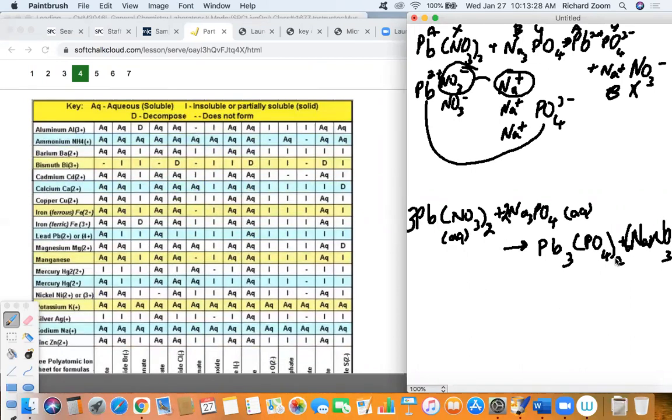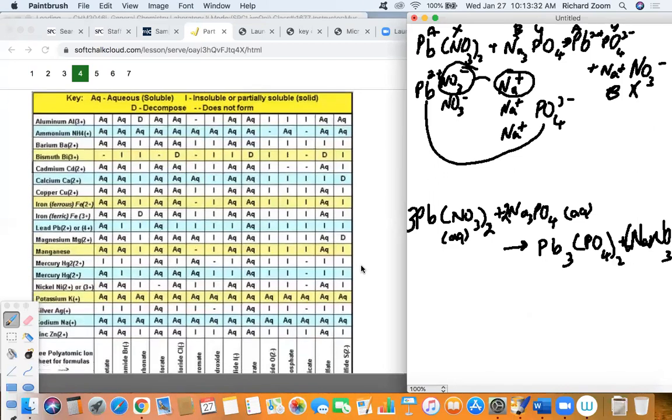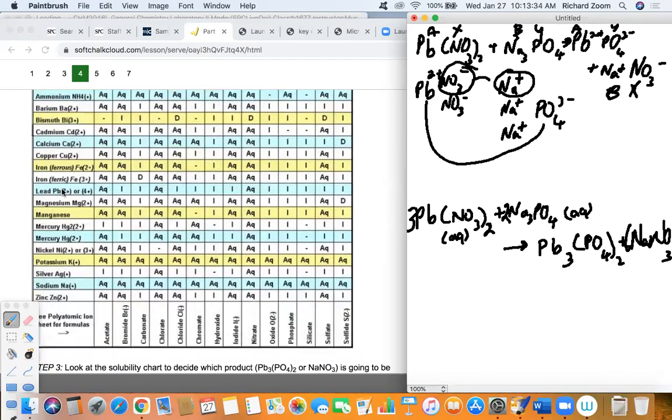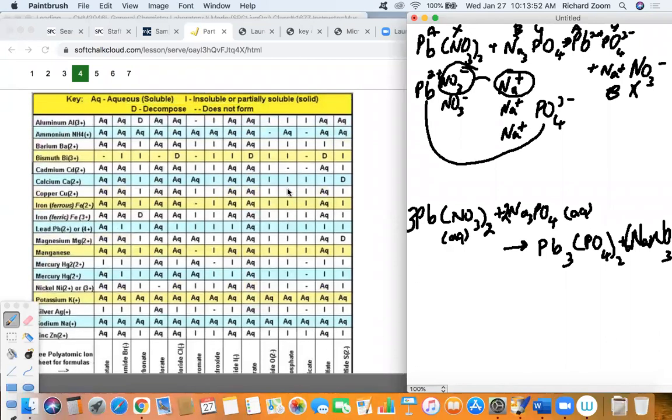To do that, we look at the solubility chart, which will enable us to make that determination. We look at lead and PO4, which is phosphate. Lead is here, and phosphate is over here. When I bring them over to each other, I get I. If you look at the legend here, I is insoluble or partially soluble.